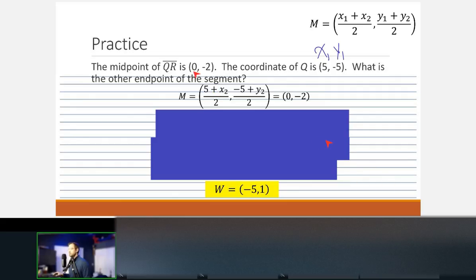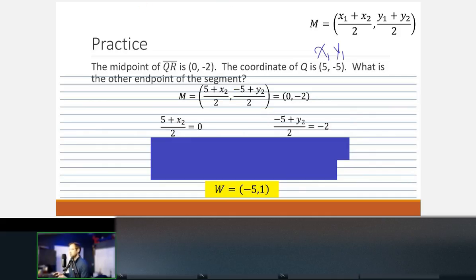So if you're used to, from the previous example, putting the 5 here and the -5 here and then putting x1 and y1, that's fine. That is totally fine. The setup should be about the same. And then just like last time, you set the respective parts of the coordinate equal to the midpoint part.